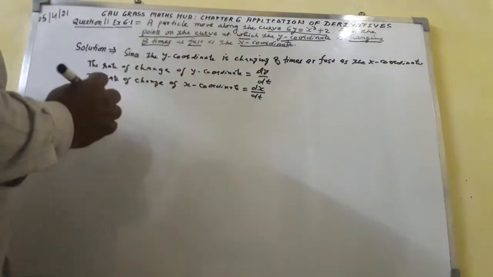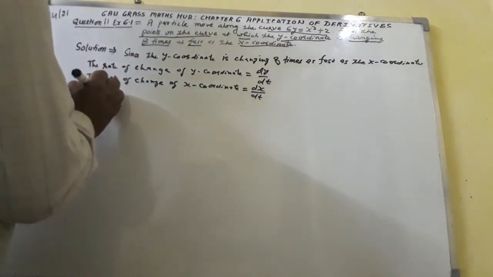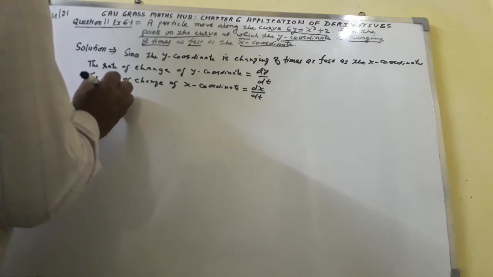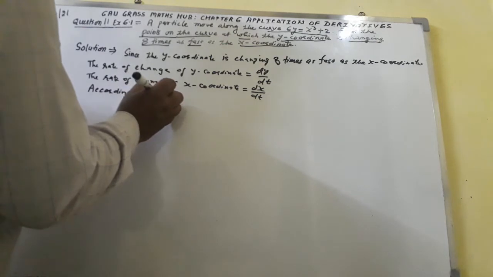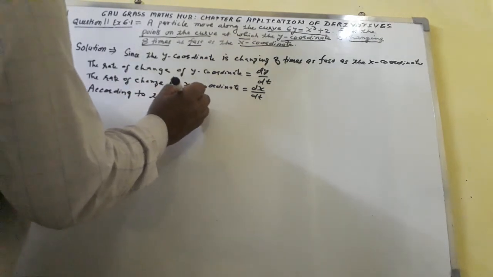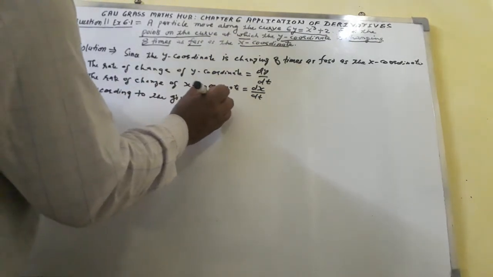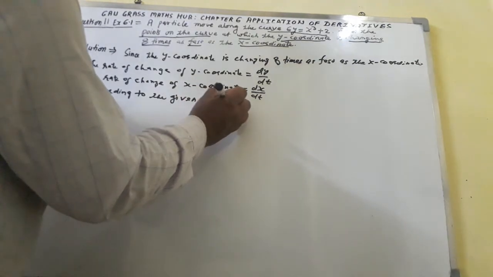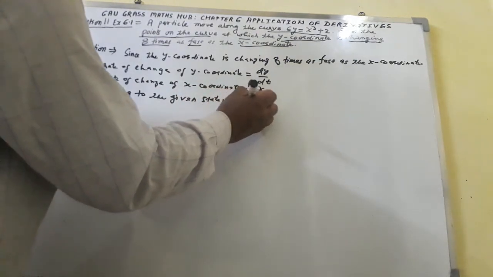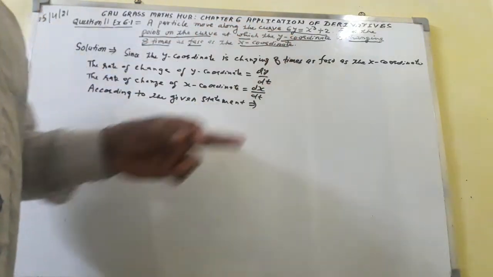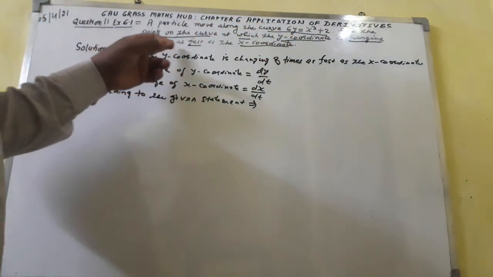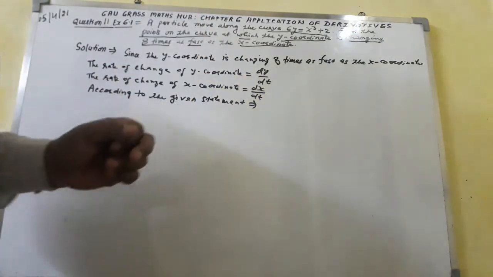So here again I shall write, according to the given statement, it says the y coordinate is changing 8 times as fast as the x coordinate.